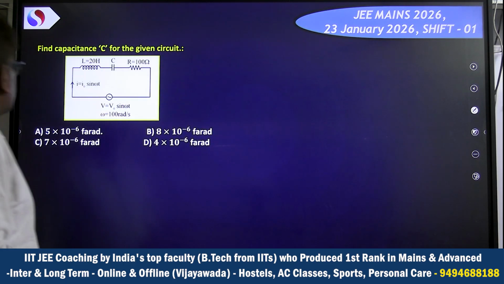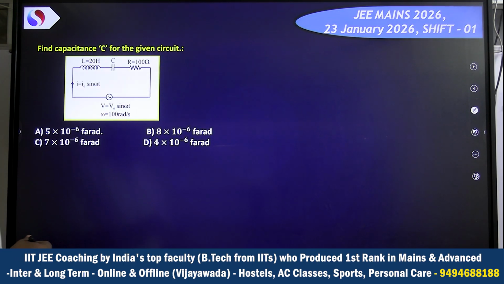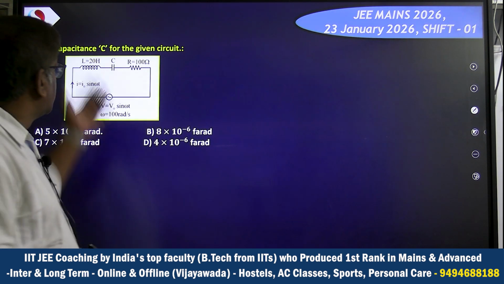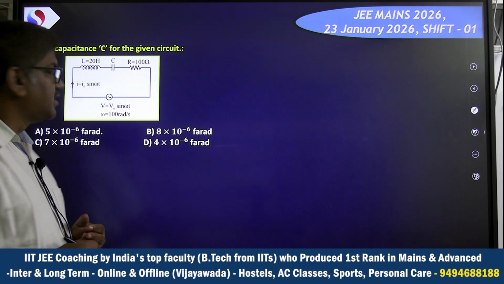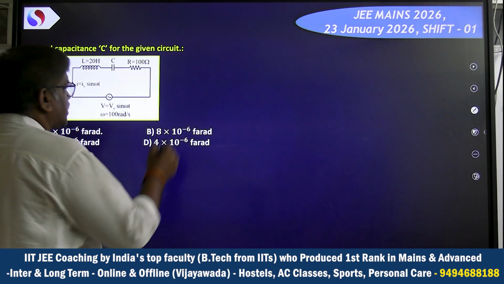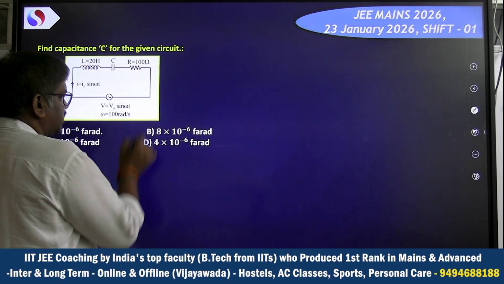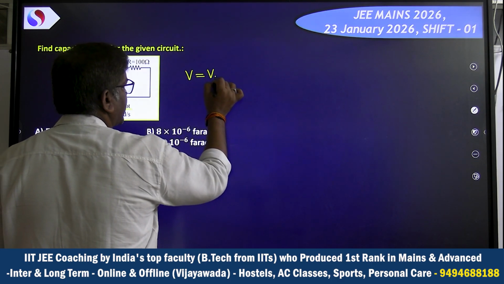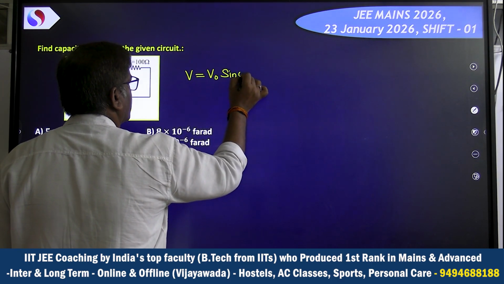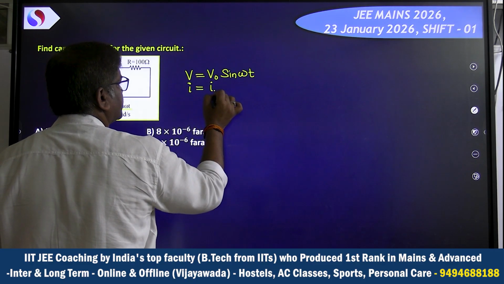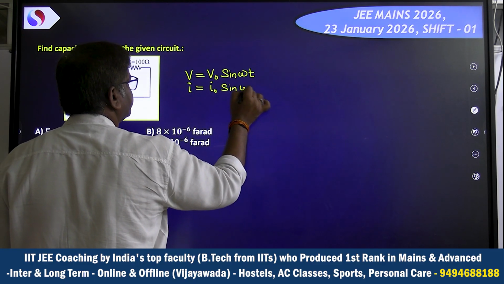Find the capacitance C for the given circuit. They have not directly given you the information in the language. It is a simple LCR circuit with an AC source. If you look into the voltage part, voltage is given to you as V0 sine omega t, and correspondingly I is given as I0 sine omega t.